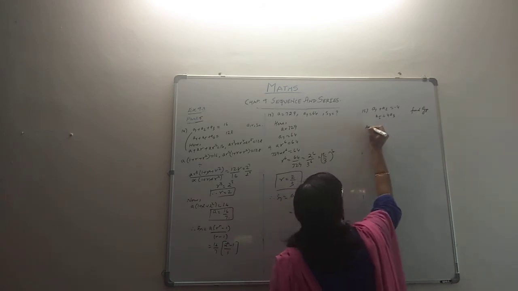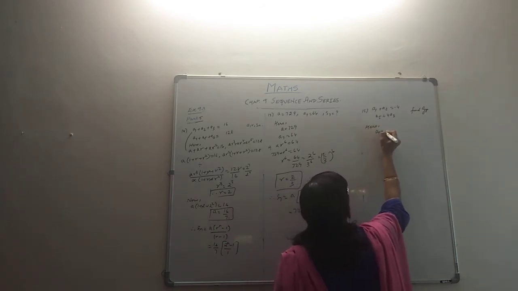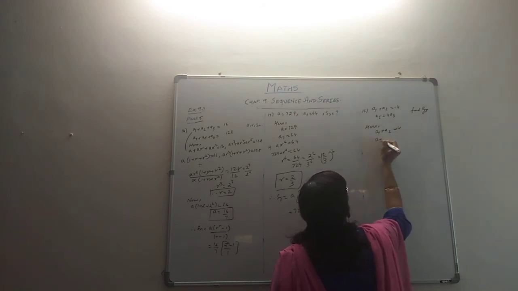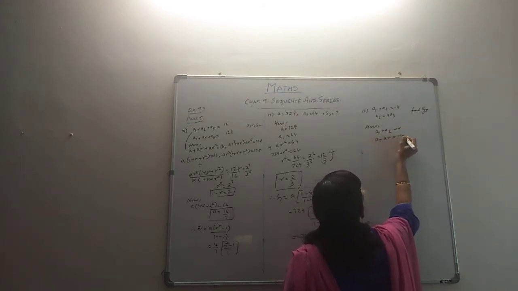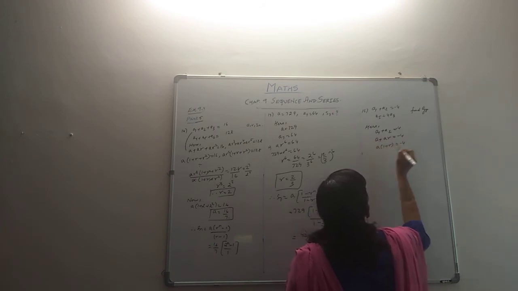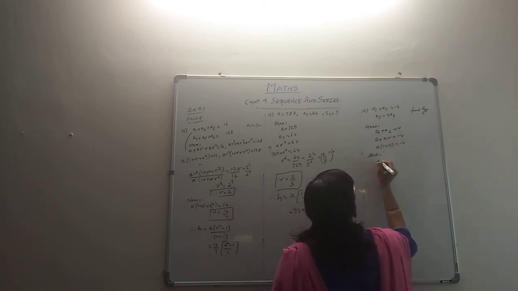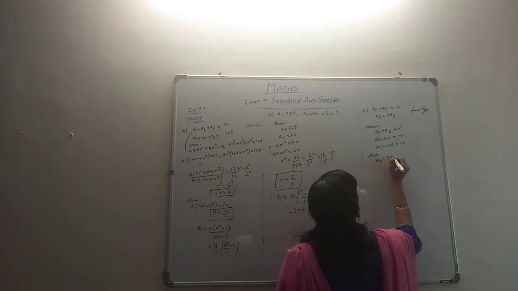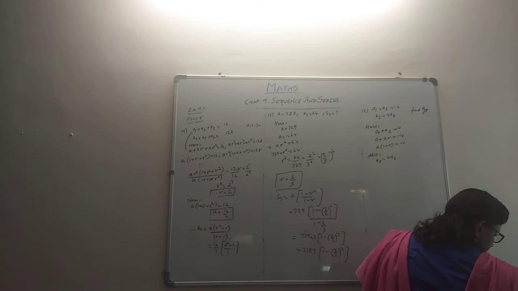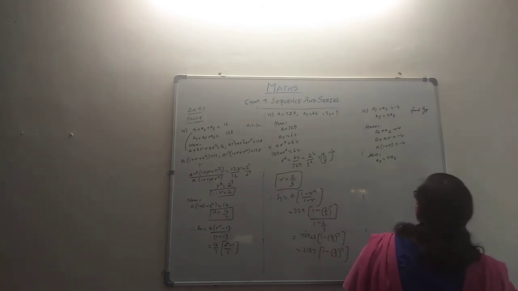So here, because a1 plus a2 is minus 4, it's like a plus ar is minus 4, or a times 1 plus r is minus 4 also, because they say that a5 is 4 times a3. I hope it's correct. Fifth term is 4 times the third term, yeah.